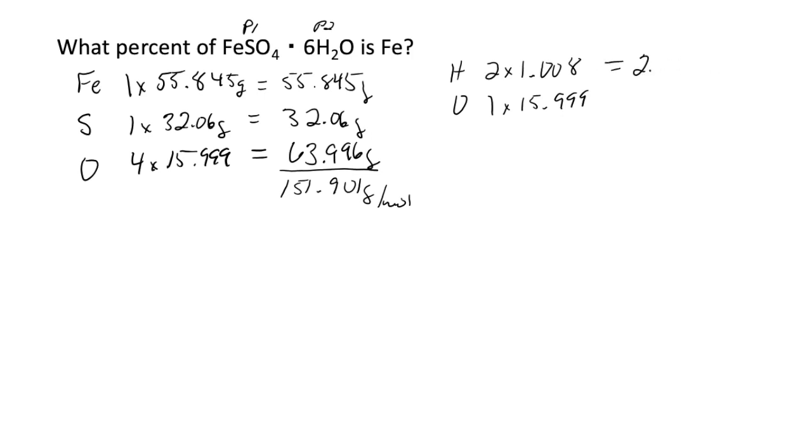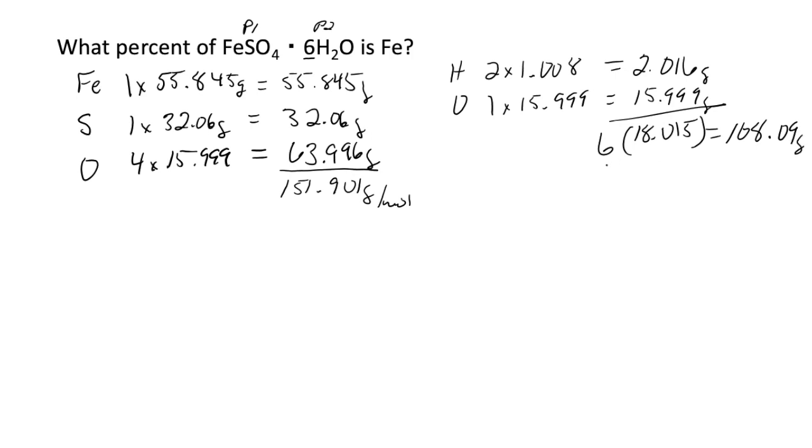So I have a total mass of 2.016 grams of hydrogen in water and 15.999 grams of oxygen in water for a total mass of 18.015 for each individual water, but I have 6 in this compound. So I'm going to multiply this by 6 to give me my total mass of 108.09 grams of water in this hydrate.